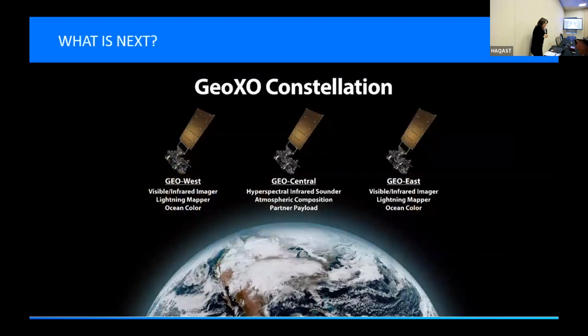So, thinking about what's next for Ball. I already mentioned we were lucky enough to win several Phase A studies for the GeoXO constellation. I primarily worked the atmospheric composition study, which is a very similar architecture to the TEMPO instrument.